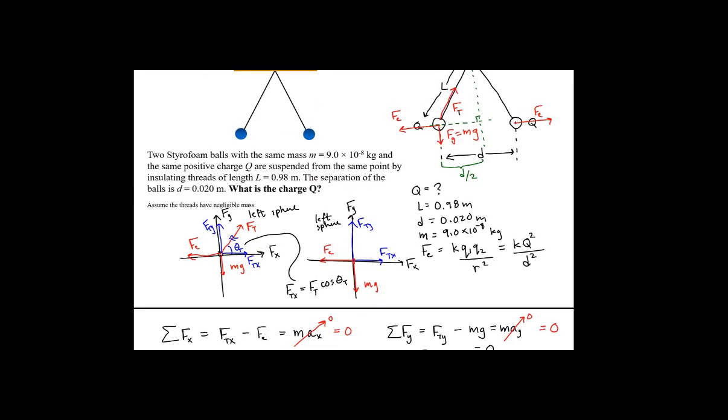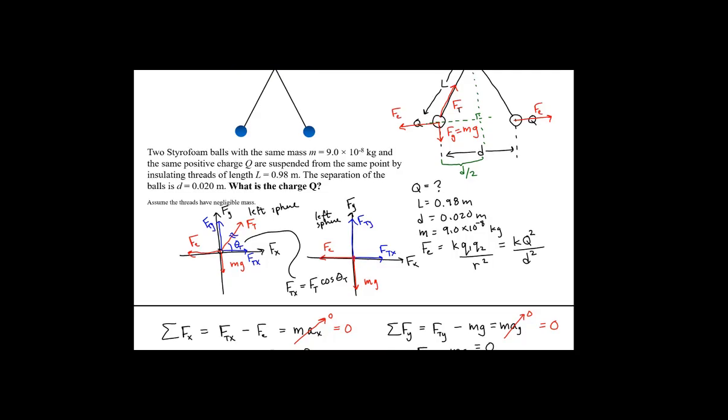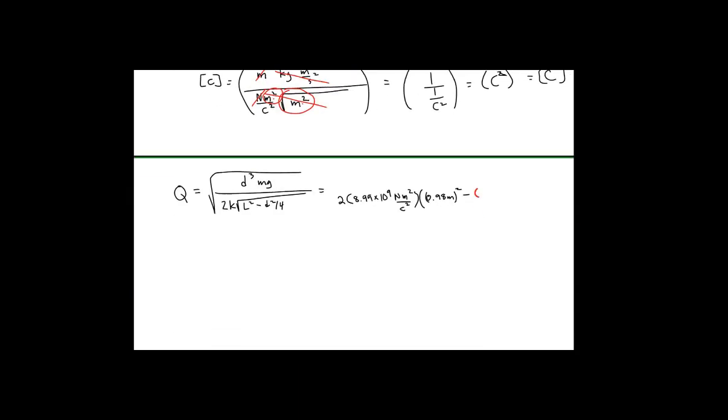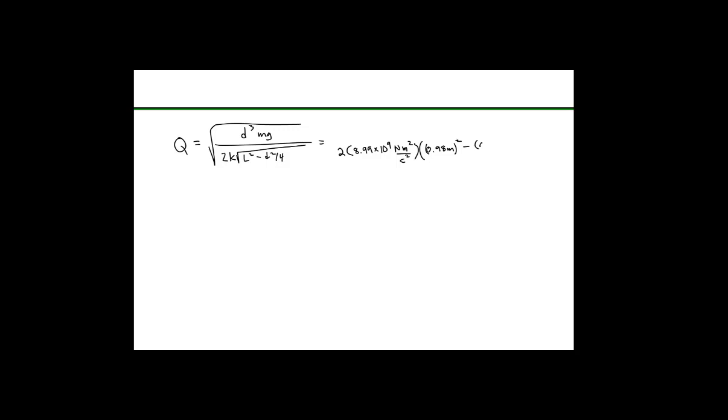Well, the distance between the charges, we know they are separated by 0.020 meters. And that quantity is squared, and that quantity is divided by 4, and all of this is a square root.